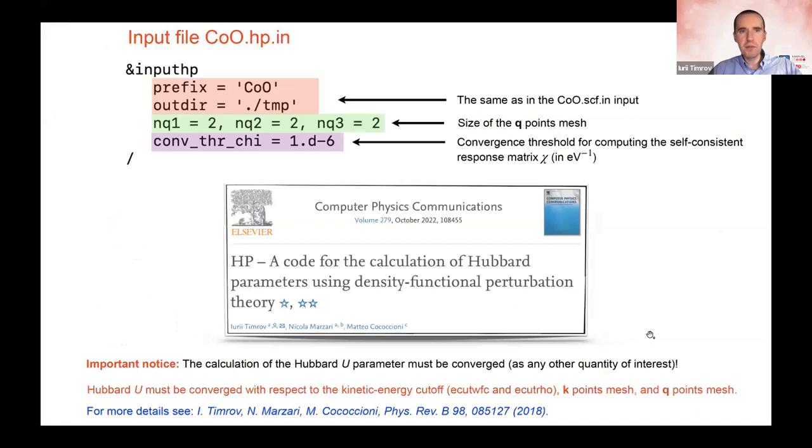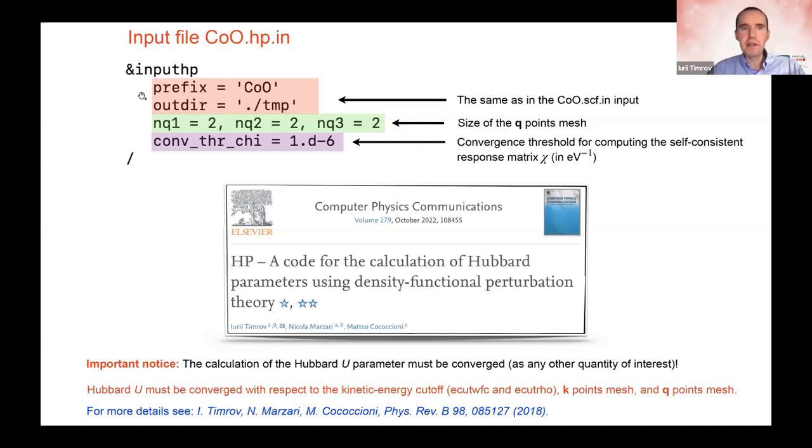Once we perform the ground state calculation, the second step is the HP calculation, that is to say, using the HP code. If you're interested to learn more about this code, we invite you to check this paper that was published a few months ago. At the top of this slide, we see the input file for the HP code. It's extremely simple, I would say.